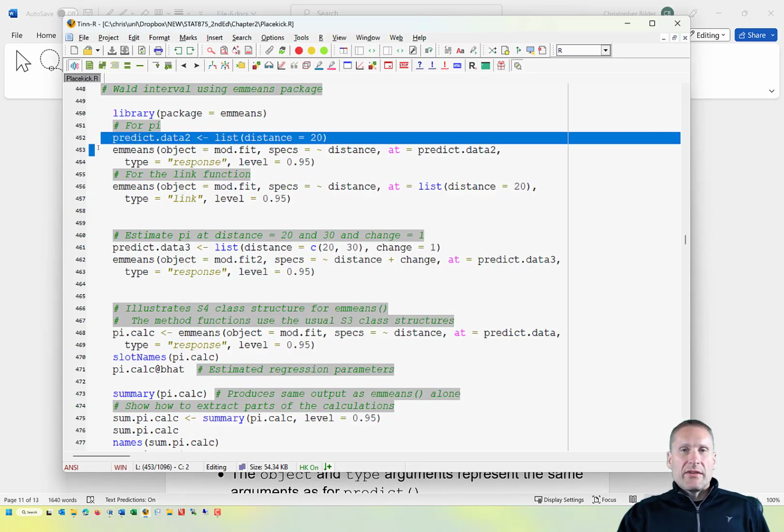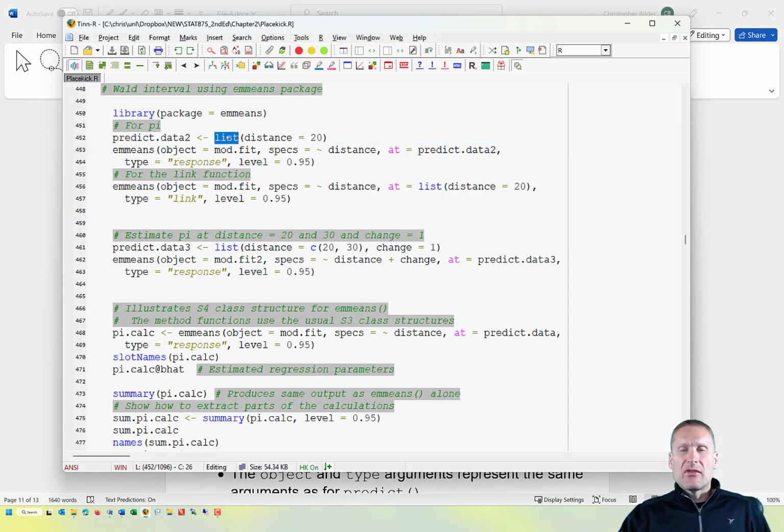Now, similar to what we did before, we need to specify the values of, let's say, x. If I'm just working with the model that has just distance in it, I need to specify the values of distance that I'm interested in making these predictions at, what I want the pi hat for. And so to do that, I could use data.frame, just like what we did before, to create a data frame that contains that.